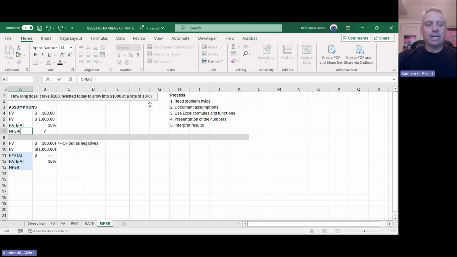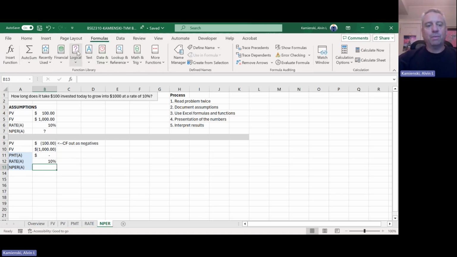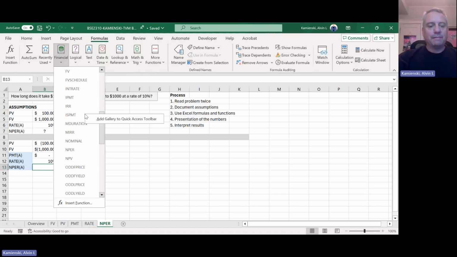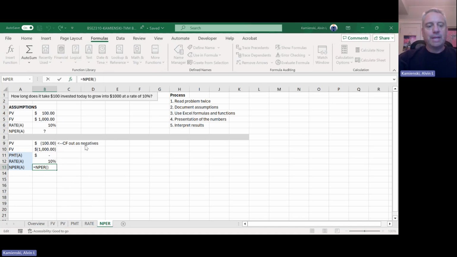Since I'm dealing with annual, and I know that the formula below is going to draw from the text type above, I'm going to qualify it up top so that I'm calculating a number of annual periods. For this last time, we'll go back to formulas, financial, and find the one for number of periods. If I grow 10% annually, making no payment, starting with $100 that I want to grow into $1,000, then what that tells me is, uh-oh, we've got a problem in here.